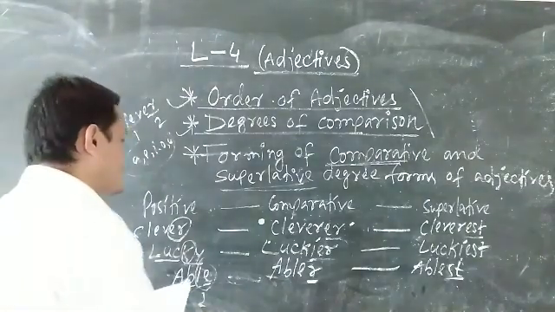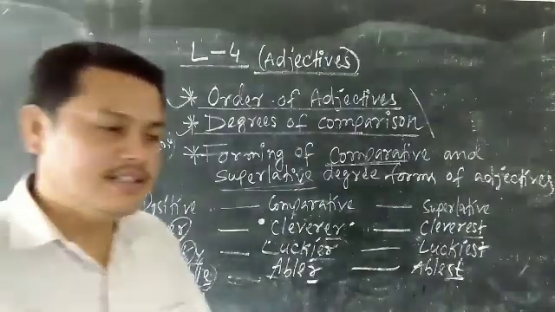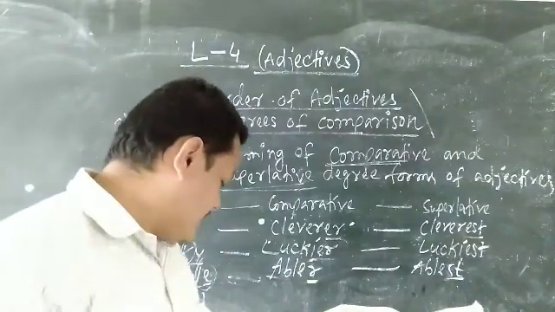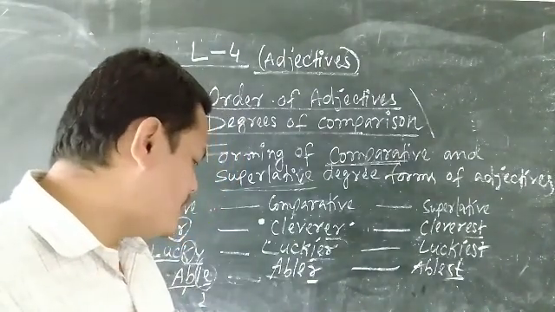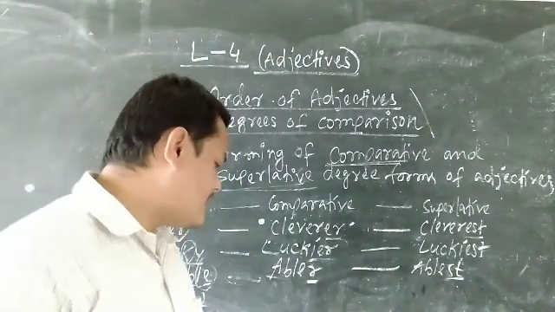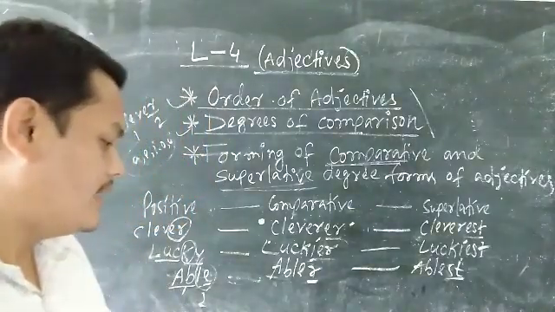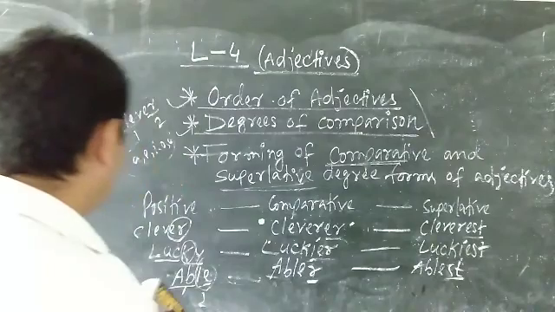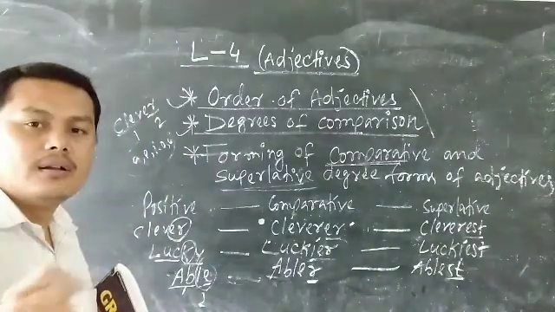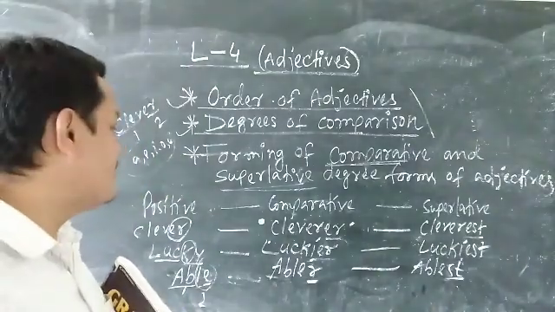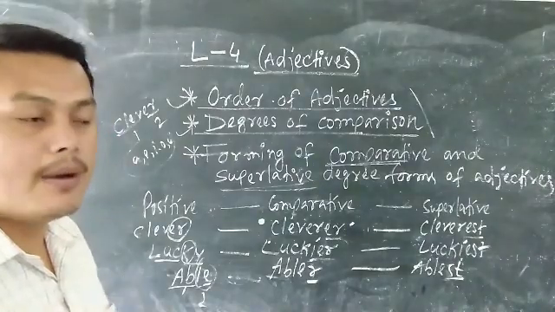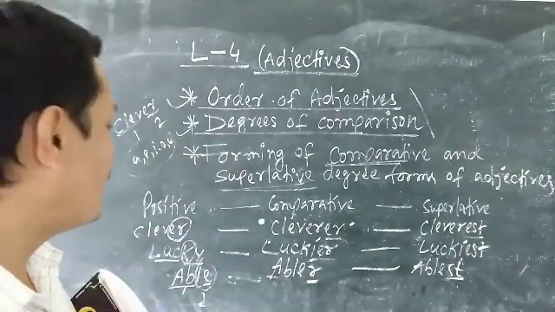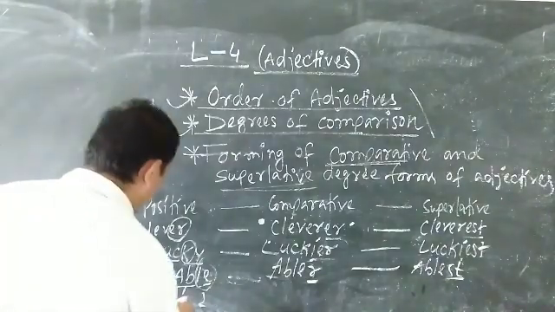So these are the rules that one must learn while forming comparative and superlative degrees. Similarly, you can see on page 22, one-syllable adjectives ending in E. Then we have to add R and ST. So there may be some words with one syllable, but if the last letter is E, then we must add R or ST. For example, fine.